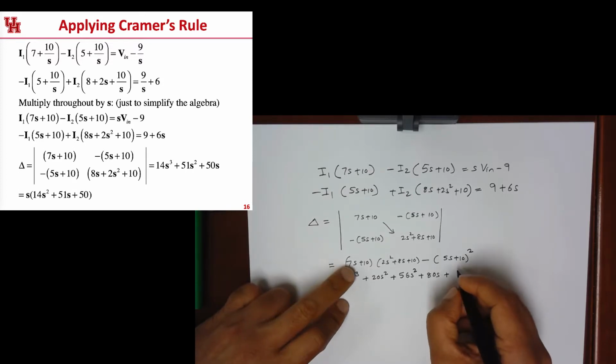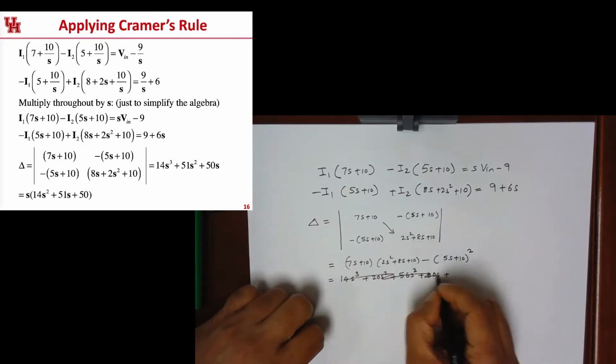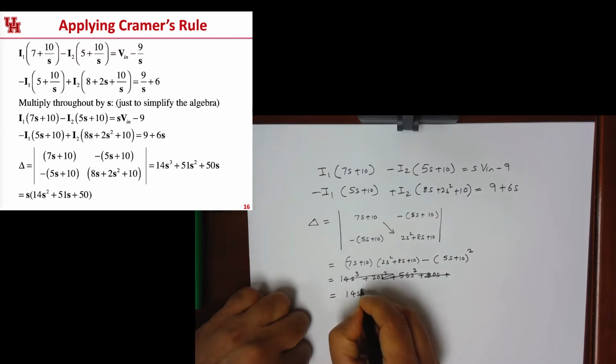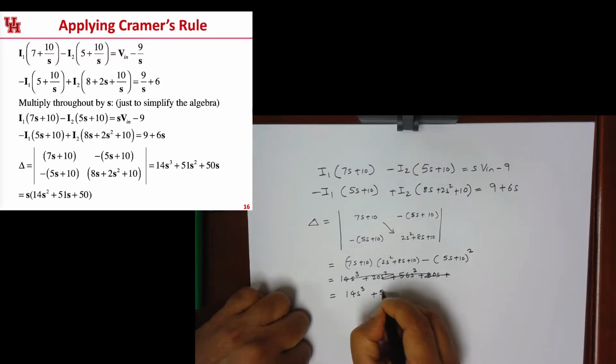Oh man, this is getting messy. So anyway, if you expand all this out, the final answer turns out to be 14s cubed plus 51s squared plus 50s.